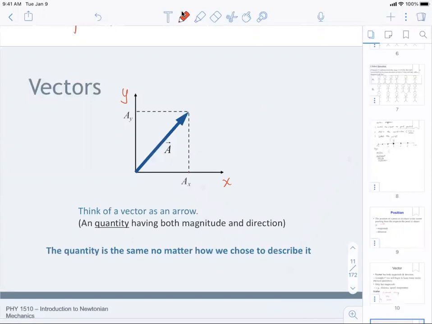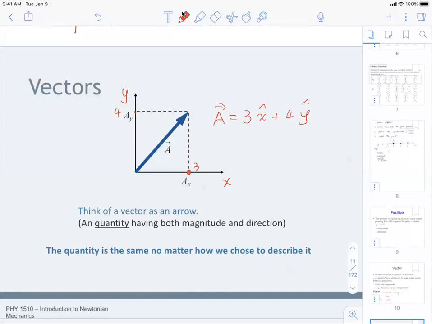If this arrow vector A has 3 in x and 4 in y, then you might say A is a vector and has 3 as an x component and 4 in the y component.